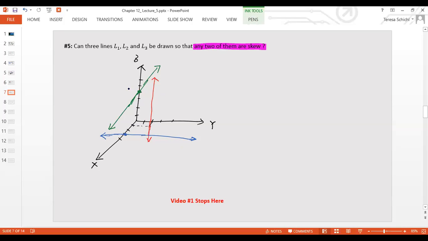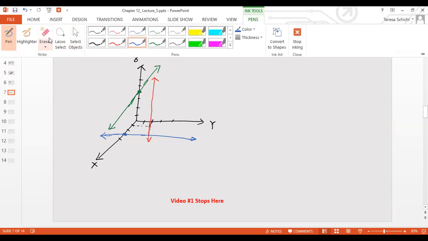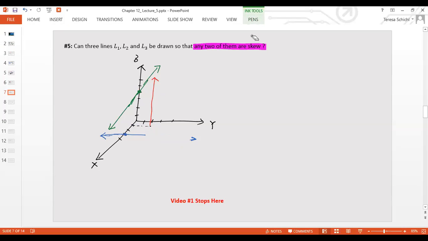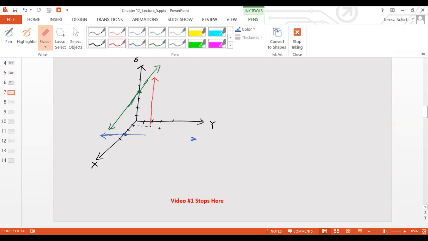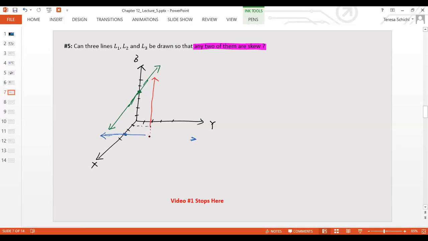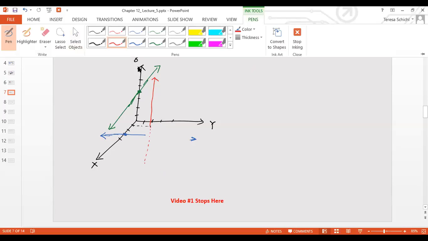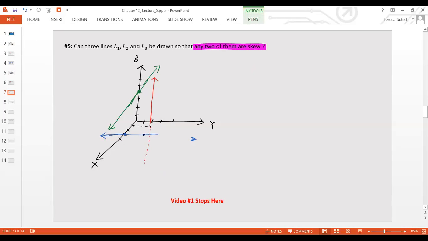This part is going down, goes through the XY plane, and that's why the blue one and the red one are not going to touch.